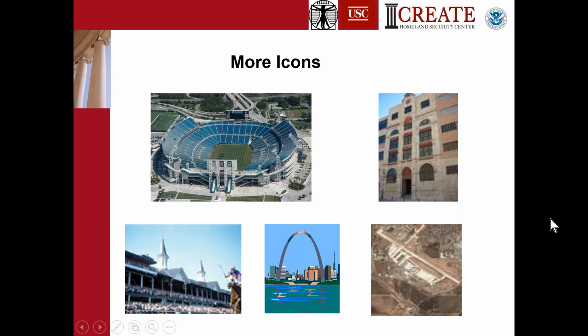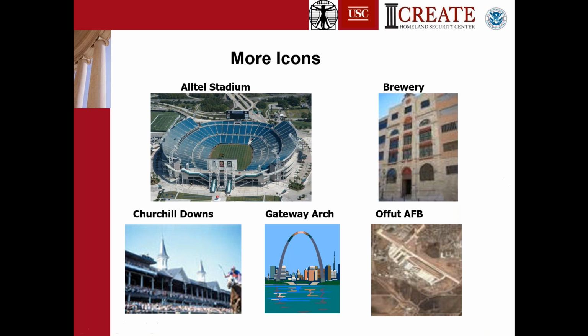Some of the other icons on this picture are a bit more obscure. So the one at the top is not the Rose Bowl, it's the Alltel Stadium in Jacksonville. So if you live in the Jacksonville area, that's probably pretty important regionally. I'm not sure it rises to the level of a national icon. Churchill Downs may be a little bit more iconic.